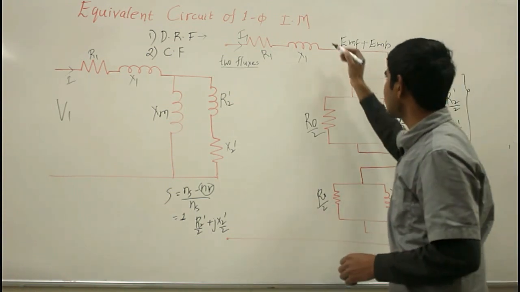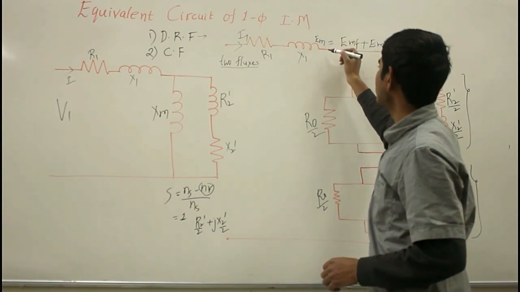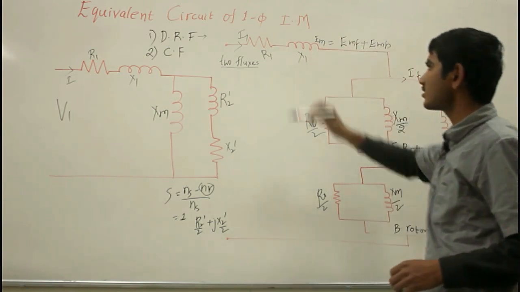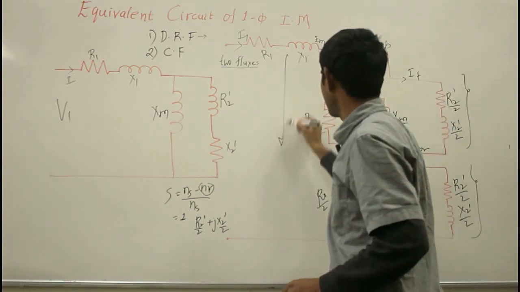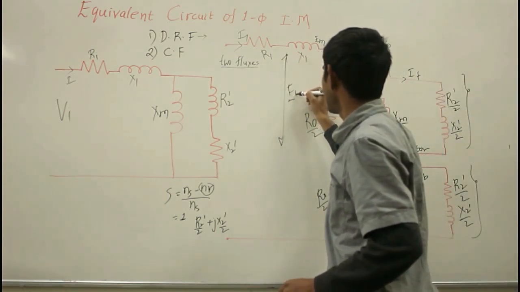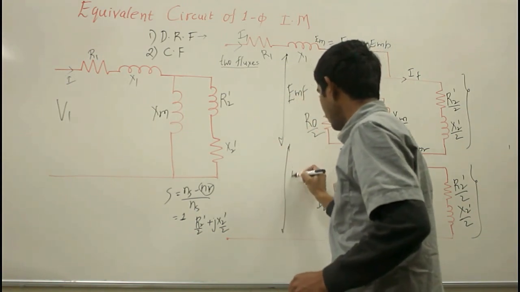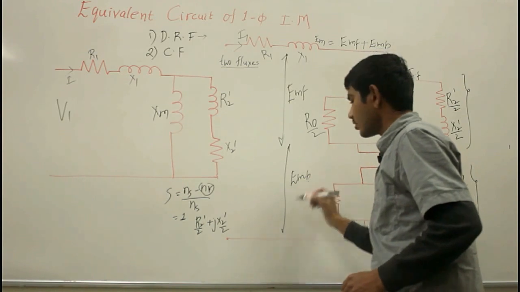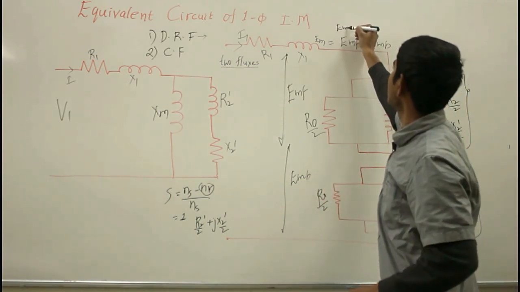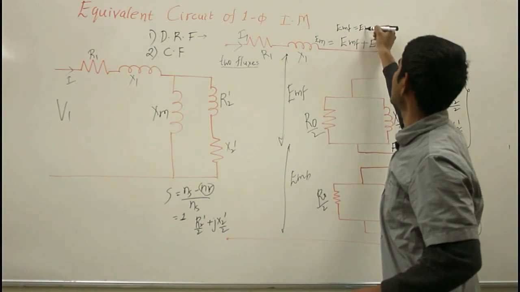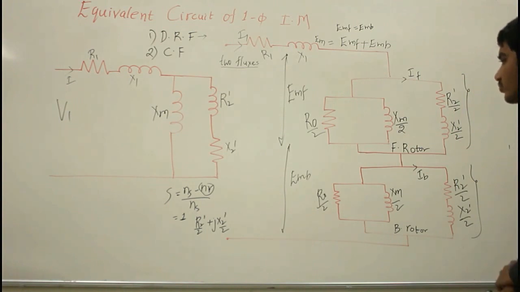If the resultant voltage is indicated by EM, then the resultant voltage in the main stator winding is the summation of the two. At standstill condition both are equal, that means EMF is equal to EMB and EM will be twice EMF or EMB.